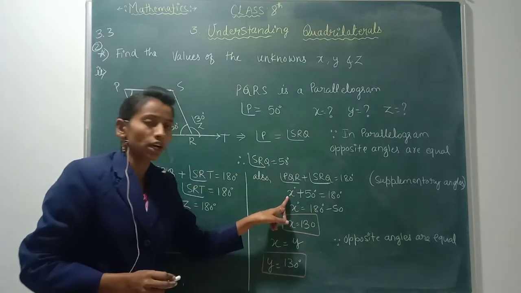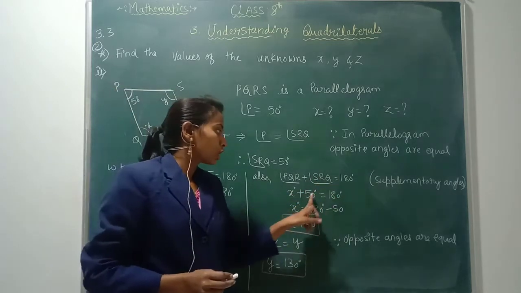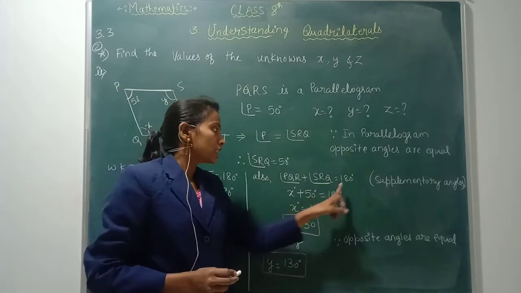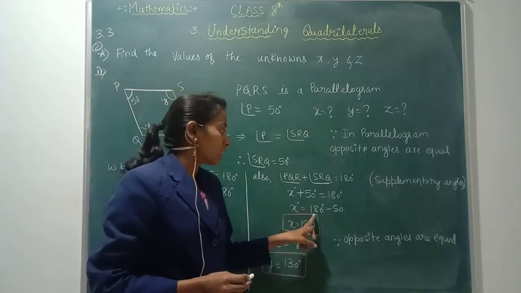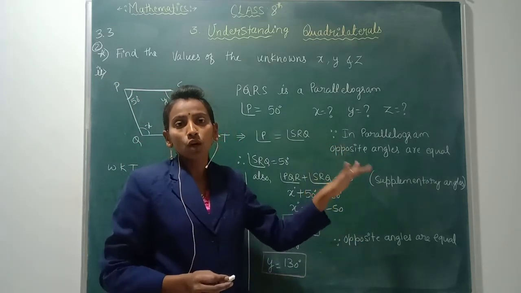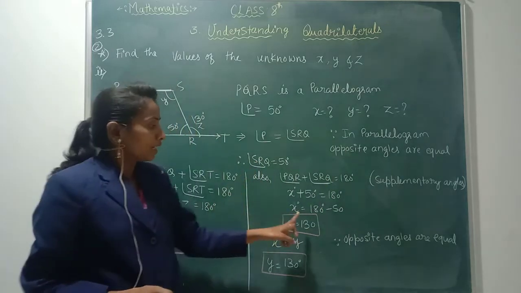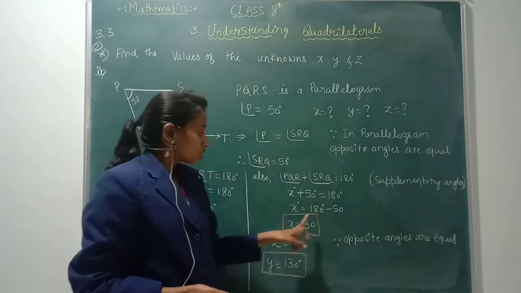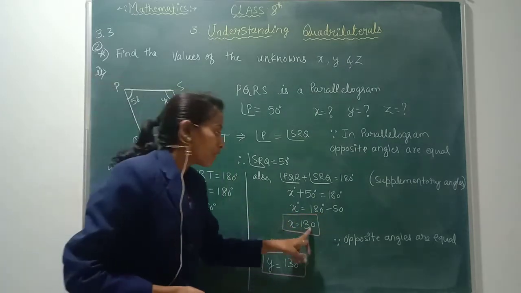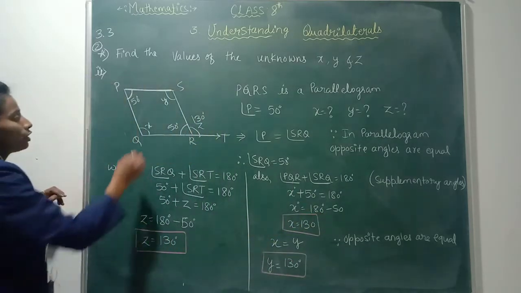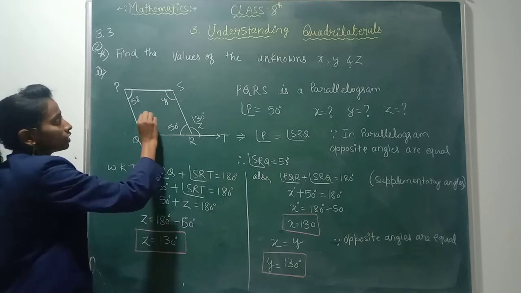So X plus 50 is equal to 180 degrees. We want the X value only, so I am transposing 50 to the RHS, and 180 minus 50 comes. So X is equal to 130. The X value we got again is 130.